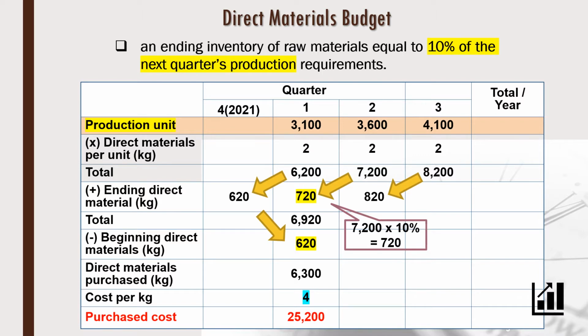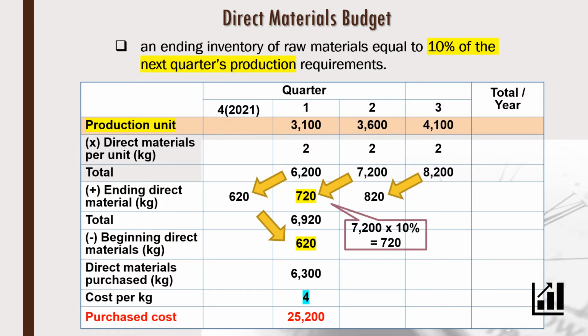So the purchase cost equals 25,200. The calculation for quarter 2, quarter 3 and quarter 4 is the same as quarter 1.